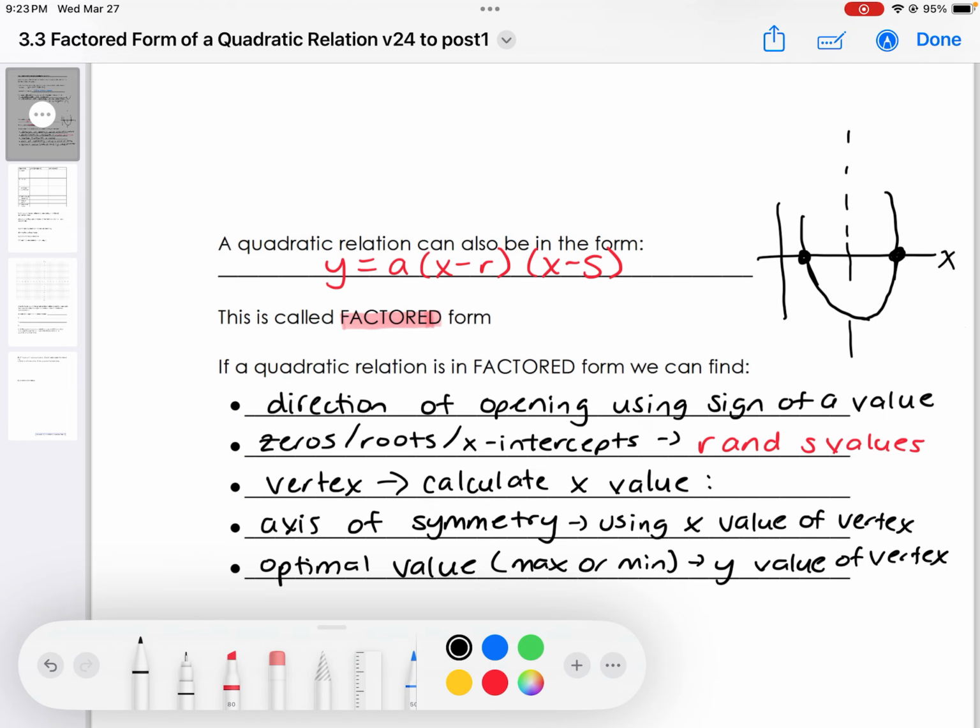You calculate the x value: you add what r is to what s is, and divide by 2. Okay, and then once you have that value, then we are going to want to know what the y value is of the vertex, and that has to be determined using algebra.